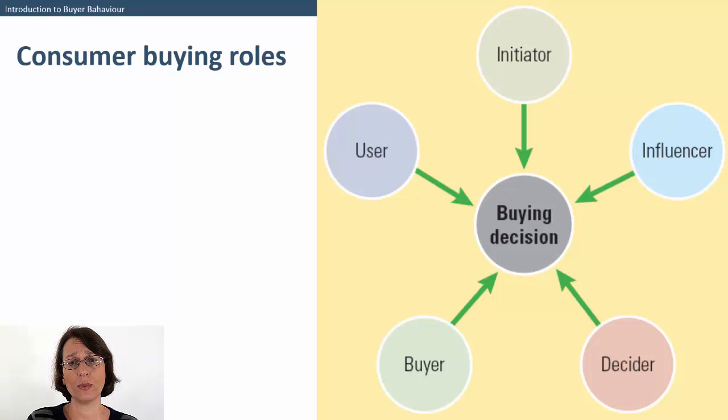So when you're buying a product, you might have an initiator. So there might be someone in the family who says, I think we need to get a new brand of cereal, or why don't we go on holiday? That initiator is receiving information from the outside world. Maybe they've read something in the newspaper and they tell the buying unit or the family that it would be a good idea to get that product.